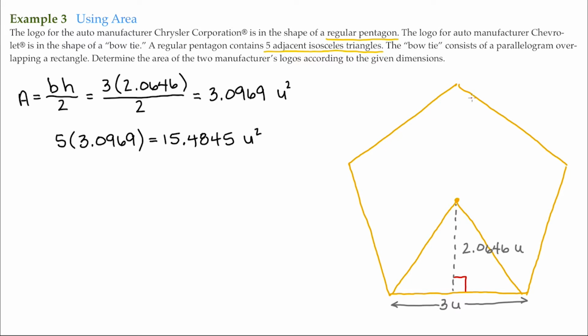So the entire area of our pentagon here, with these given dimensions, is 15.4845 square units.